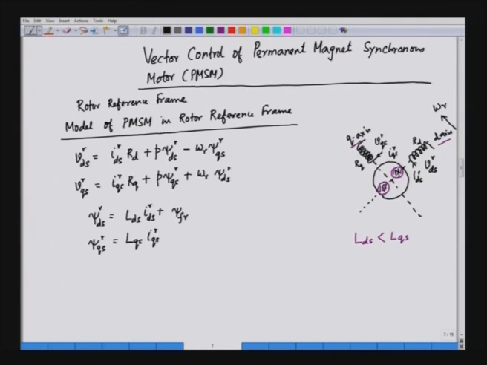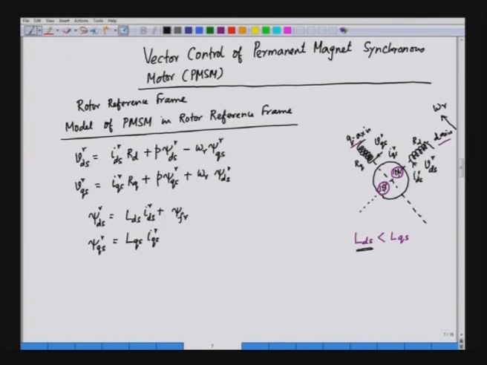So, the D axis permeance is reduced and hence the D axis inductance is less. On the other hand, in the Q axis we have no magnet. In the Q axis we have only iron and air gap. So, the Q axis permeance is more and hence the Q axis inductance is more.